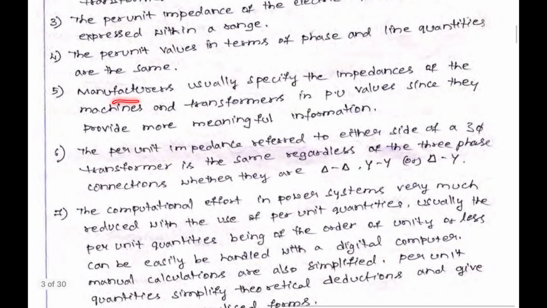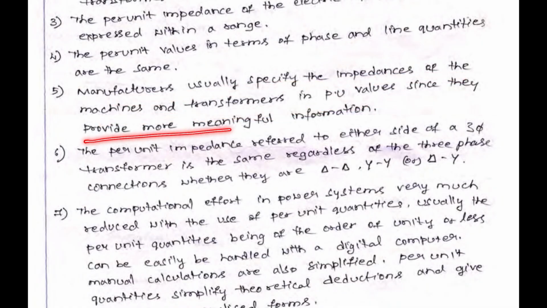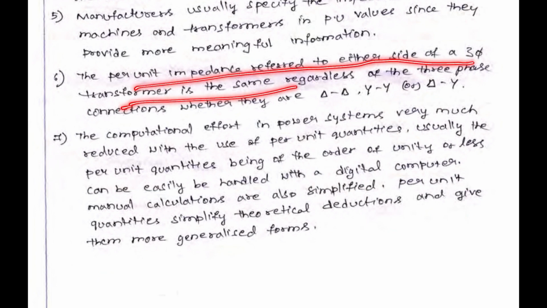Manufacturers usually specify the impedances of the machines and transformers in per unit values, since they provide more meaningful information. Next, the per unit impedance referred to either side of the three-phase transformer is same regardless of the three-phase connections.